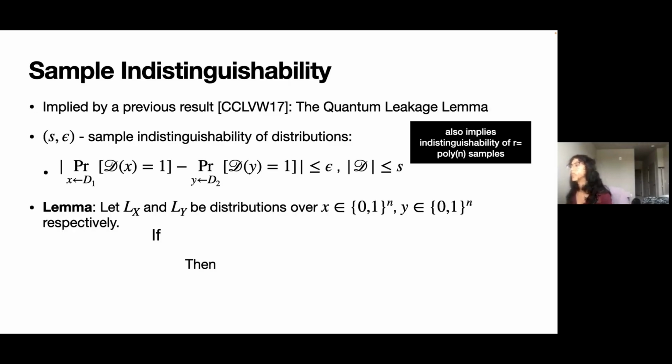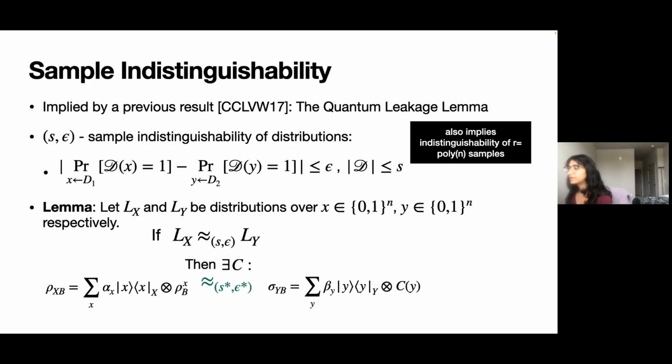The leakage lemma says that if you have two distributions, Lx and Ly, where x and y are n-length bit strings, and if Lx is S epsilon indistinguishable from Ly, then there exists a possibly inefficient circuit C such that rho xb is S star epsilon star indistinguishable from rho yb, where S star and epsilon star are polynomially related to S and epsilon.